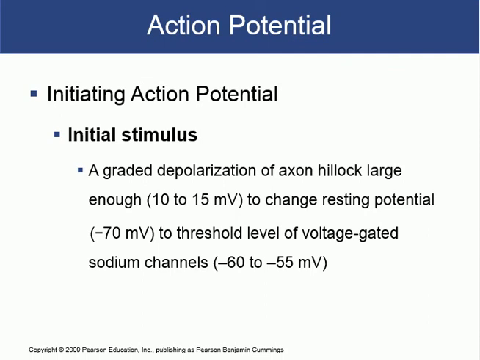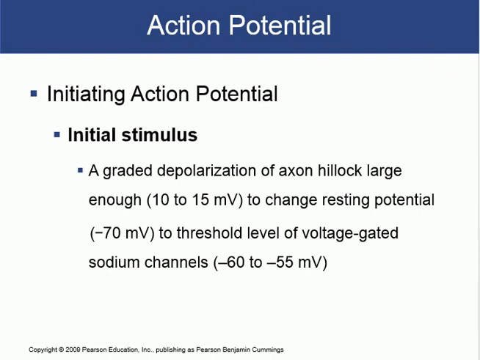It's minus 70. It's going to go to like minus 65, minus 60, minus 55. If it goes to minus 65, that's enough to continue the process. If the signal is not strong enough, let's say from minus 70 to minus 65, it will go back to the polarization.